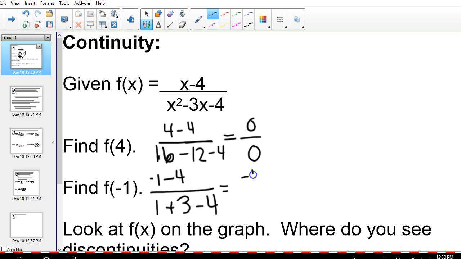So we get -5 over 0. -5 over 0 is undefined. But 0 over 0 is something weirder. We call this indeterminate.